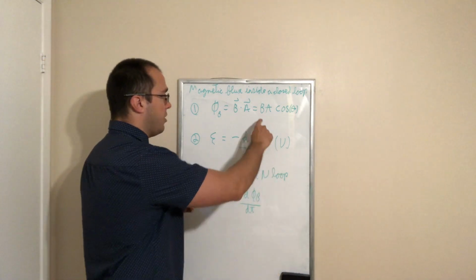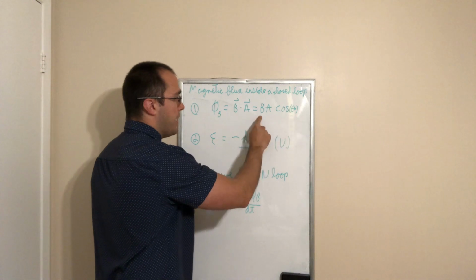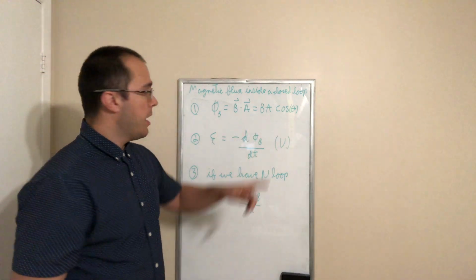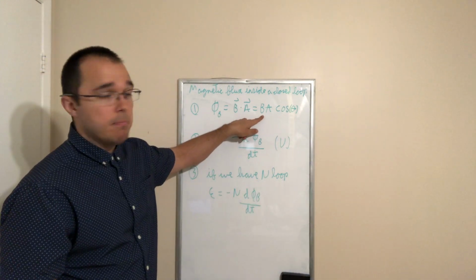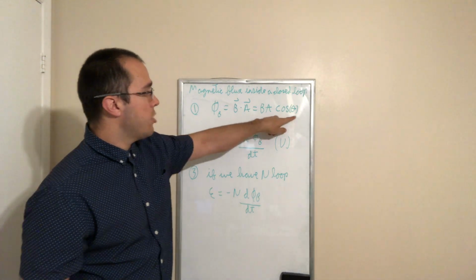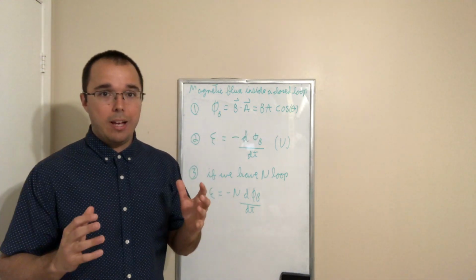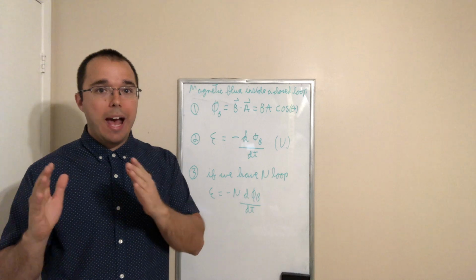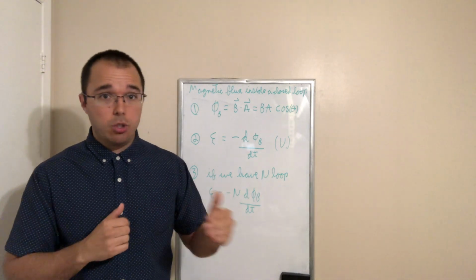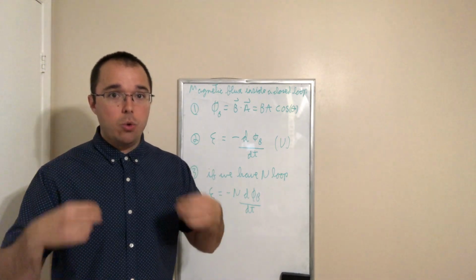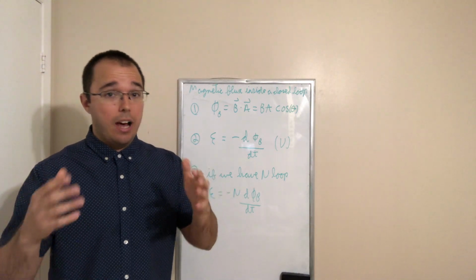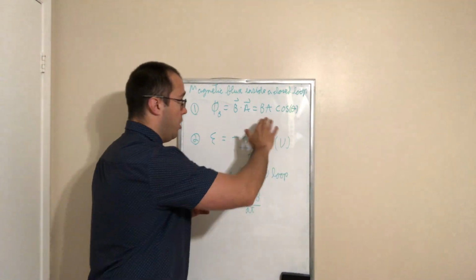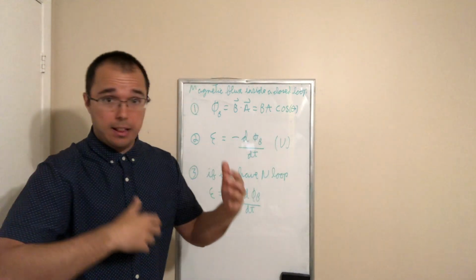If we look back at the formula of the magnetic flux, there are three variables. There's the magnetic field, there's the area, and there's the angle between the two. If you change any of these with respect to time, you will induce an electromotive force. Now in the real world, it's possible to change many of these at the same time.